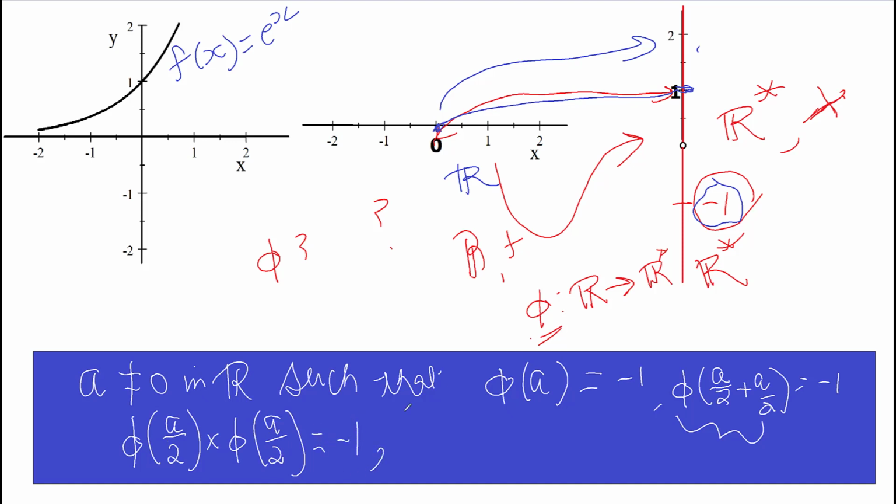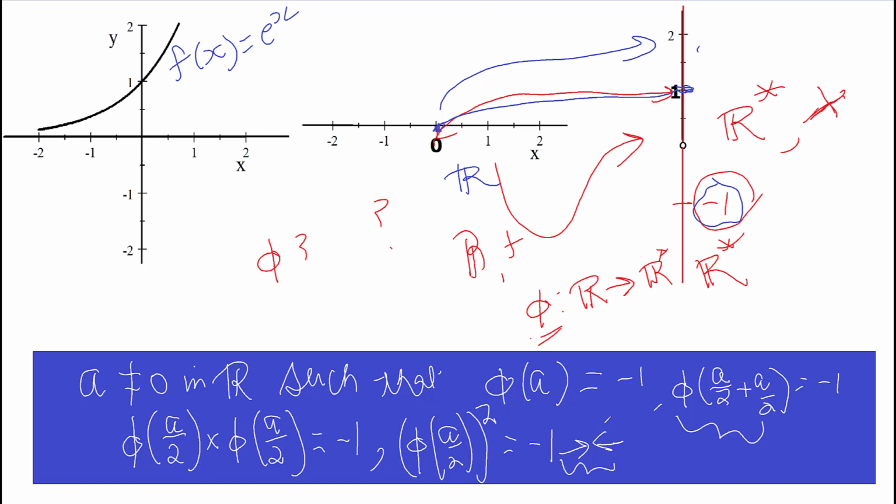And where does the element phi(a/2) live? In the set of positive real numbers? So these two multiplied become what? phi(a/2) squared, and that equals -1. And we know that this isn't possible, right?